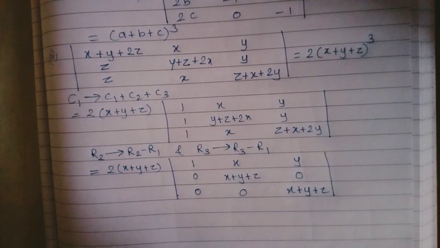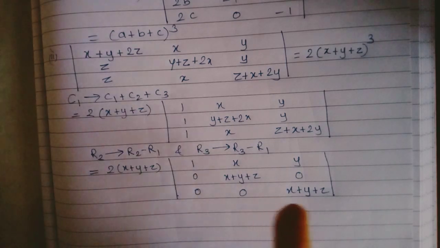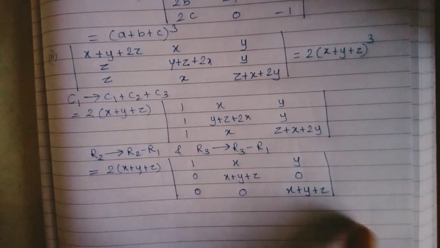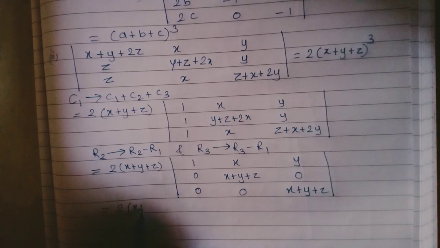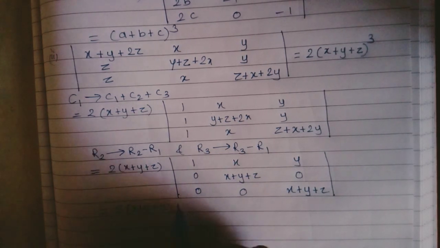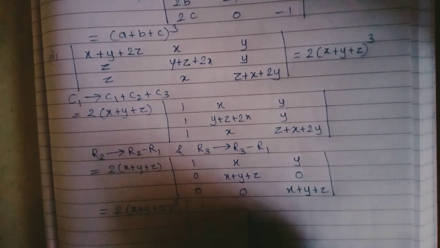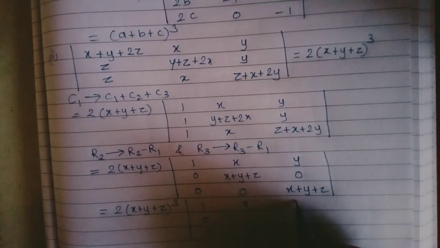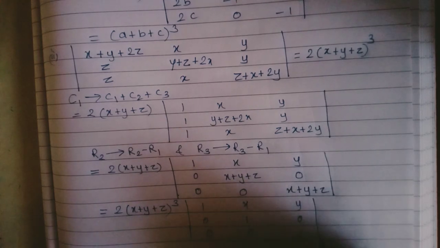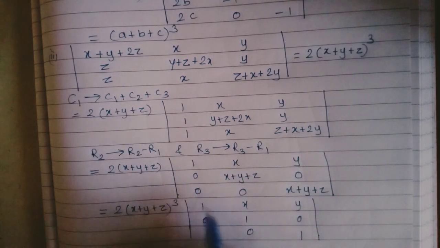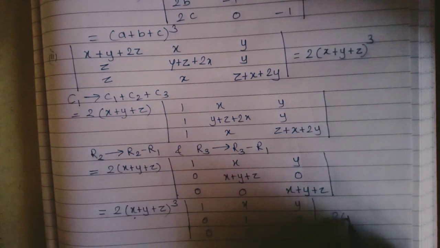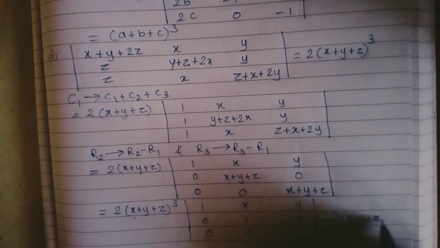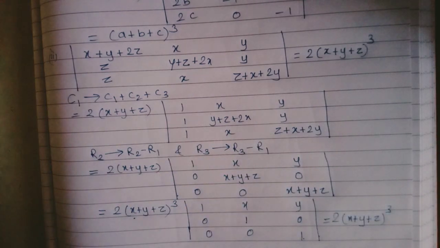So taking out x plus y plus z from R2 and x plus y plus z from R3, you'll get 2x plus y plus z cube. Now expanding along C1, you will get 1 into 1. So the final answer is 2 times x plus y plus z the whole cube.